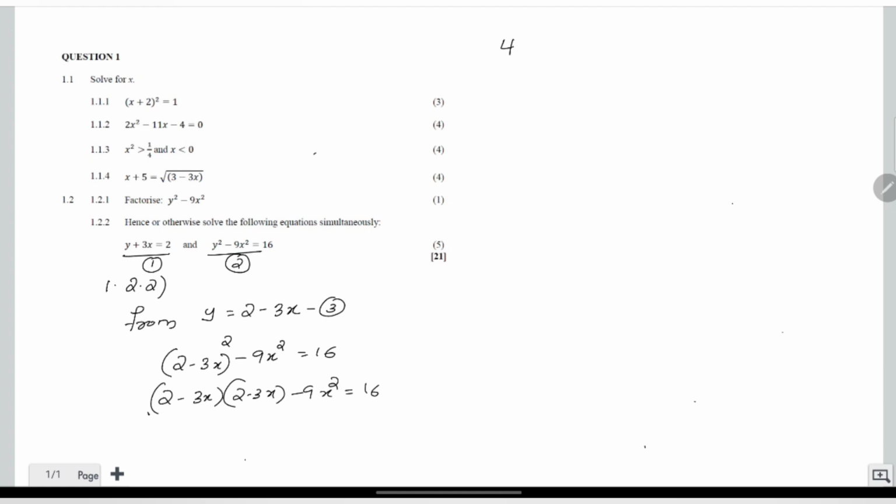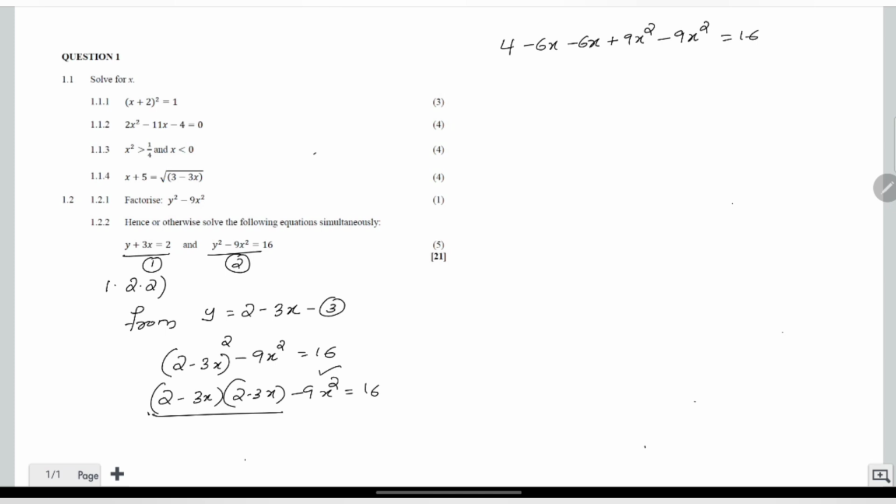Then 2 times minus 3x is minus 6x. Minus 3x times 2 again minus 6x. Then minus 3x times minus 3x is plus 9x square. Then after that, I'm done with the FOIL method. I open this one. Then one more term is there. What is that? Minus 9x square is equal to 16.